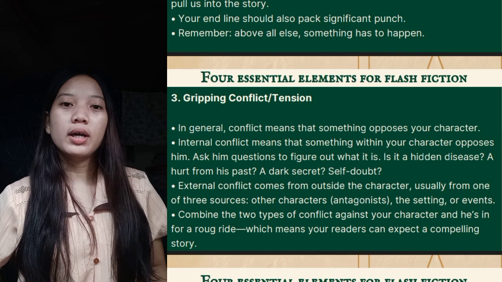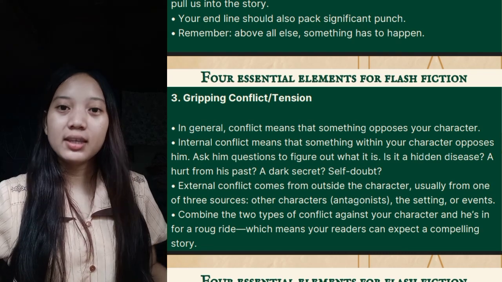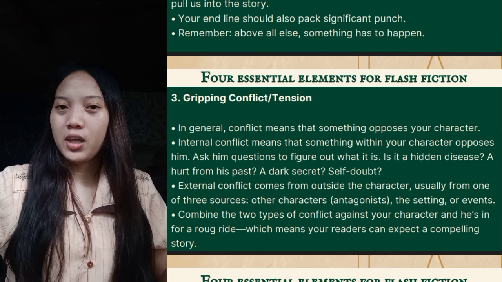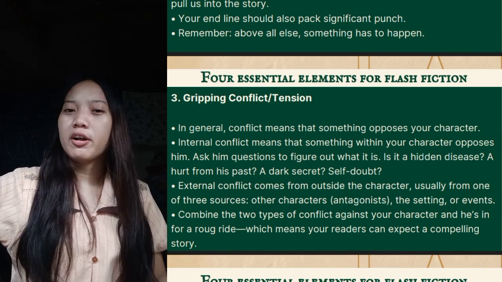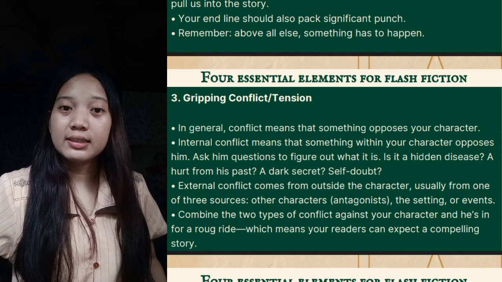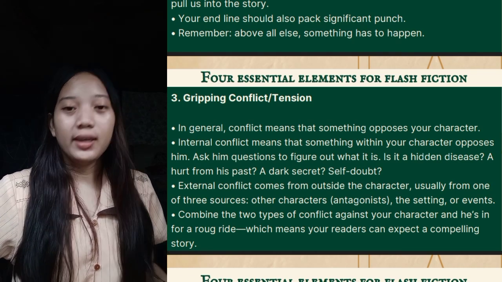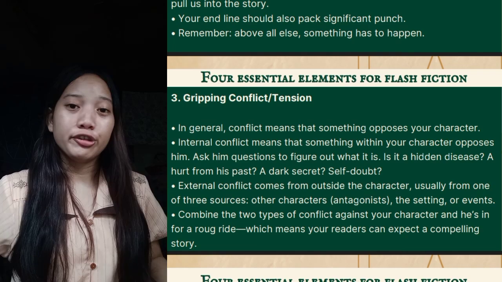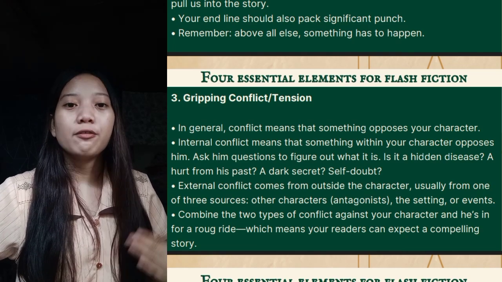Internal conflict is when the character is struggling with something inside, like fear or a secret. For example, maybe the character feels guilty about something but hasn't told anyone yet. That is the internal conflict, the struggle within himself or herself.